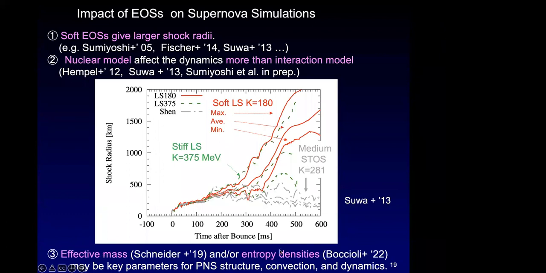Okay, thank you. A very quick question. Do you think the electron fraction at the center will matter to the neutrino production, and thus the radius of the neutrinosphere? Are there studies about that?